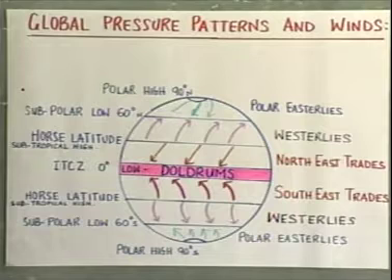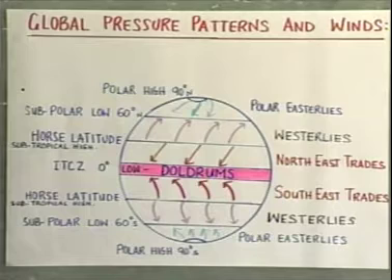Okay. But if you look at the North Pole and the South Pole, there's no other direction now except from the north it will have to come down to the south, and from the south it has to go to the north. There's no other direction that we can go. But because of the deflection, they are deflected to the left, and that's what makes them easterlies, because they are going from the east to the west.